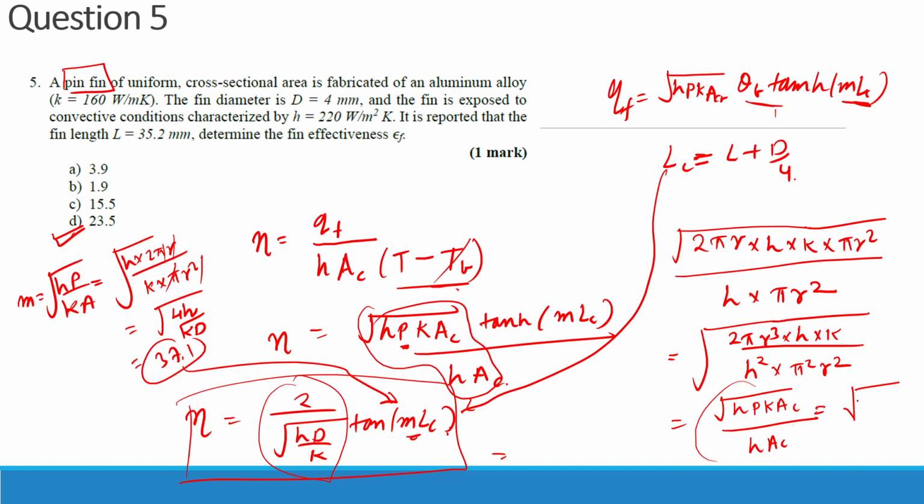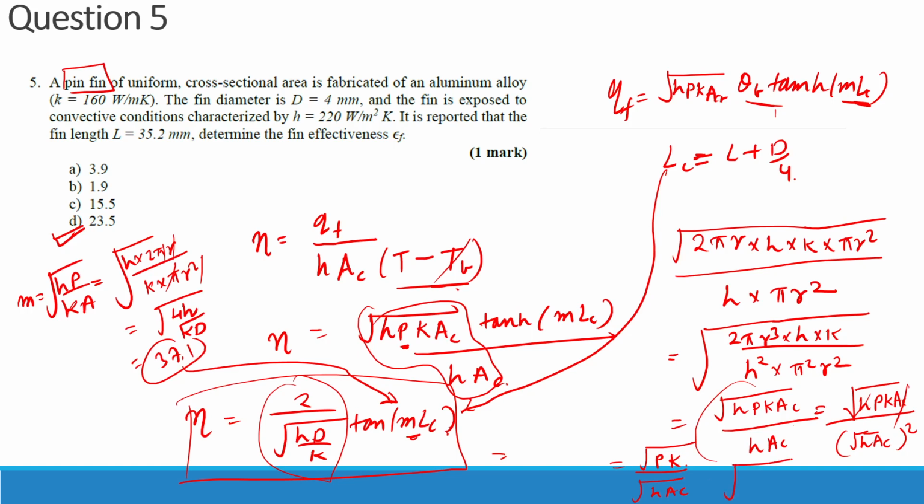So this will become under root of h P k A_c upon under root of h A_c whole square. So this h will get cancelled out, this A_c will get cancelled out, and in the denominator we will be having under root of h A_c, and in the numerator we will be having P k.